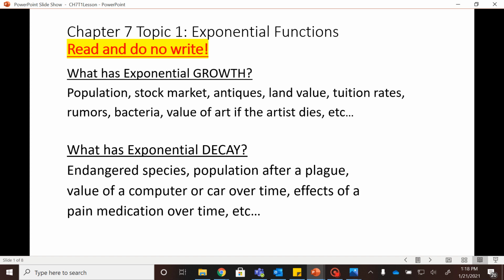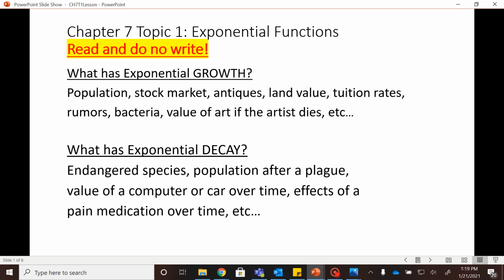So, exponential growth and decay. Growth is something that increases. Decay is an exponential function that decreases. Some examples of growth: population growth, stock market, antiques, land value, tuition rates, rumors, bacteria, value of art. Some things that decay or decrease: the population of endangered species, population after plague, value of various assets, effects of medication.